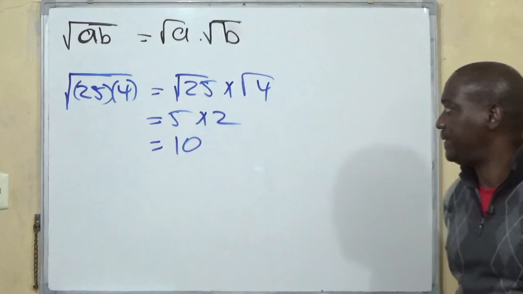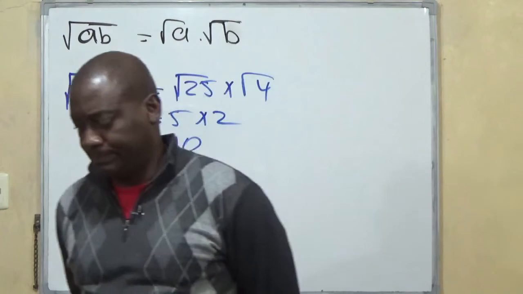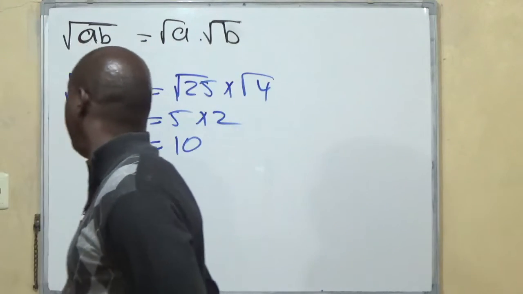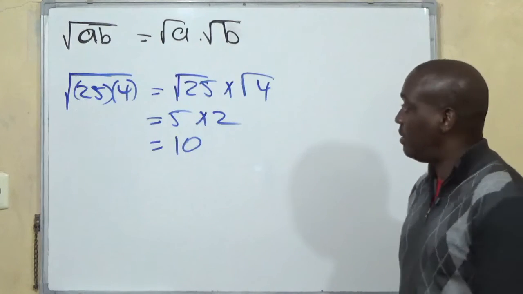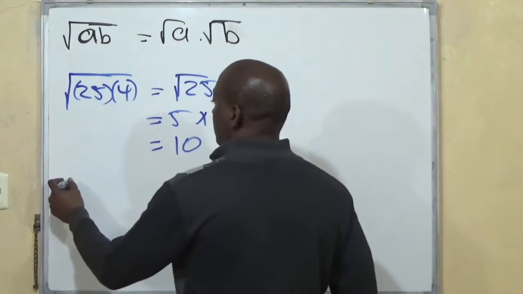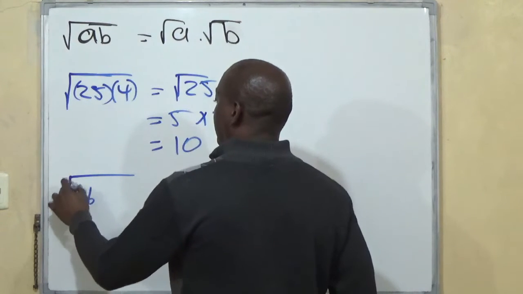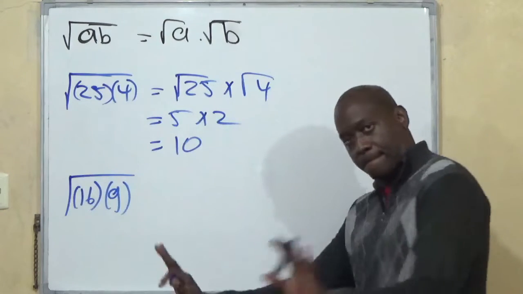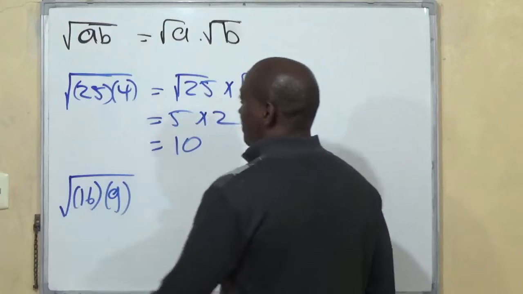Something by 9. 16 by 9 is 144. That's it. So the square root of 144, we can express that as the root of 16 by the root of 9. Sometimes I didn't think up my numbers properly.